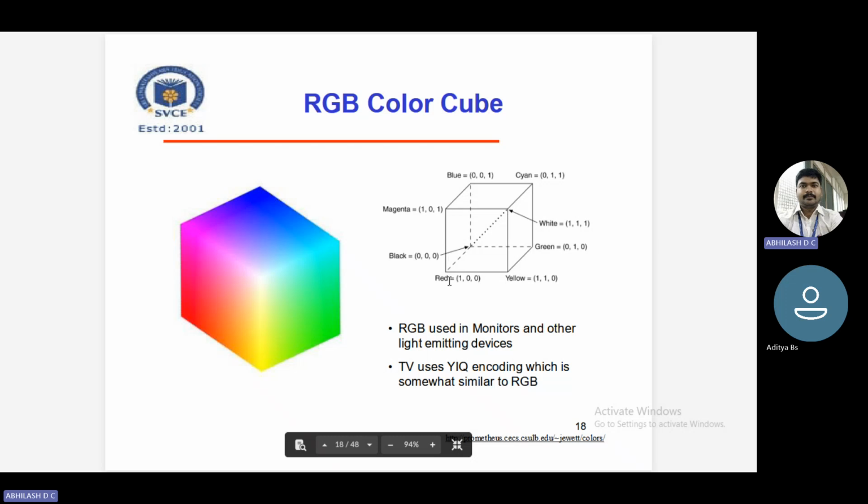If you mix red and blue, you get magenta, which is 101. Red and green, you get yellow, 110. And green and blue, we have cyan, which is 011. Mixing of all the colors, that is 111. And no colors at all, we have 000. So this is the color cube.